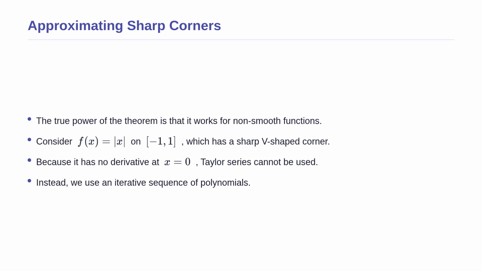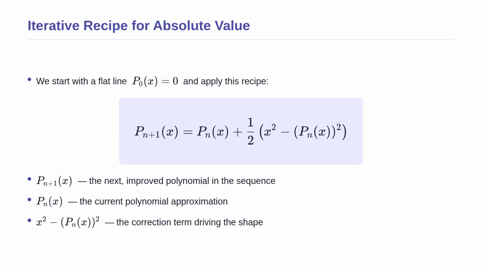Instead, we must use an iterative sequence of polynomials that slowly morphs into the absolute value shape. To build this approximation, mathematicians developed a clever iterative recipe. We define our starting polynomial, p0 of x, as just the number 0, which is a flat horizontal line. Then we use this formula to find the next polynomial in the sequence.